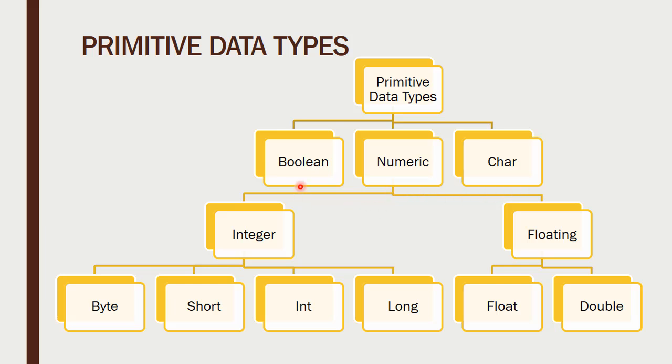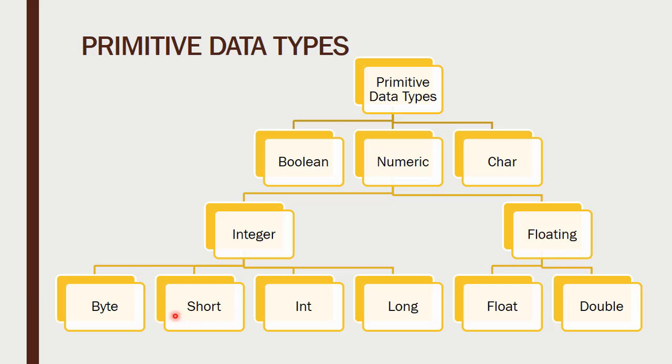As we already know, Boolean can hold only true and false values. Char can hold a single ASCII character. And the third one is numeric, which is further divided into two categories, integer and floating.